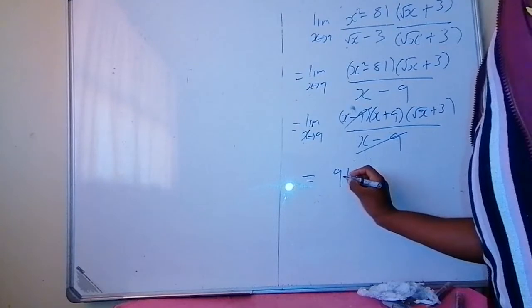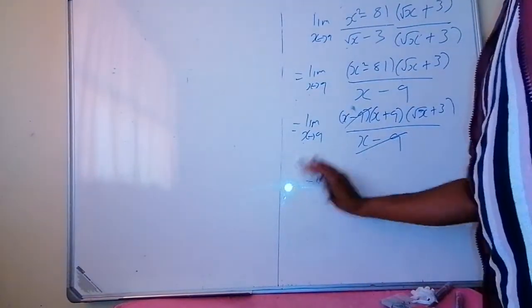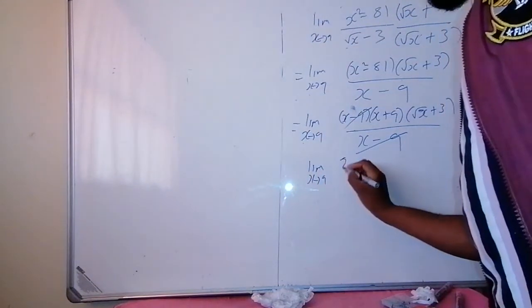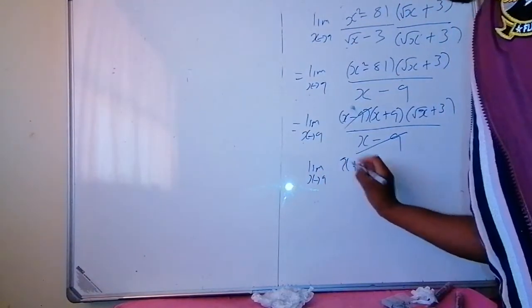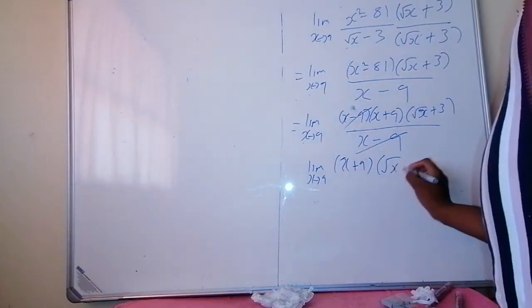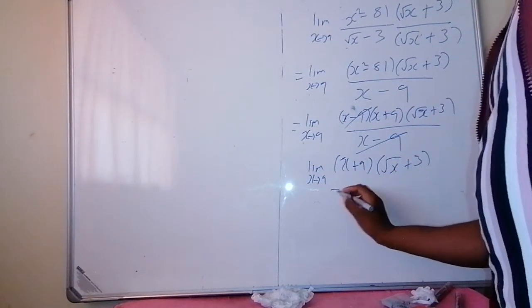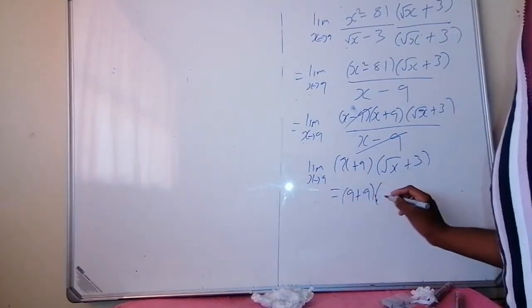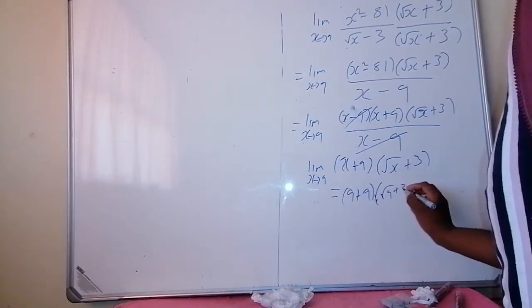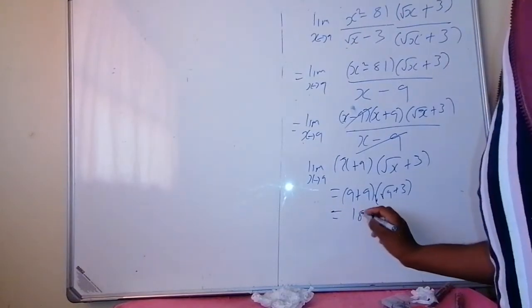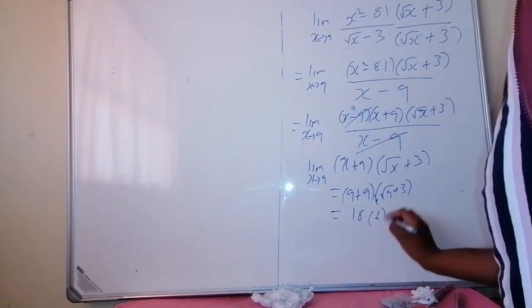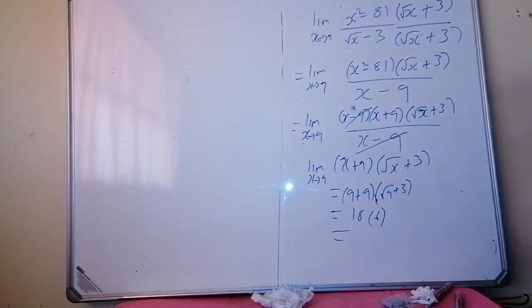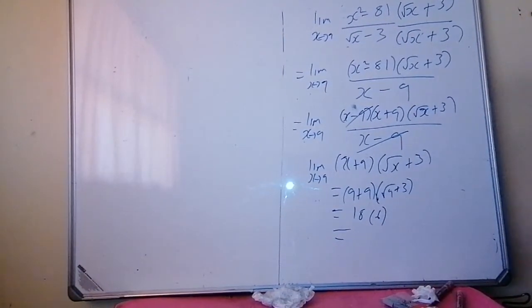Before we do that, let me write this as limit as x approaches 9 of x plus 9 times square root of x plus 3. So that's 9 plus 9 into square root of 9 plus 3. Again, this is 18 times 6. You can do that with a calculator. Let me quickly get my calculator. So the answer is 108.